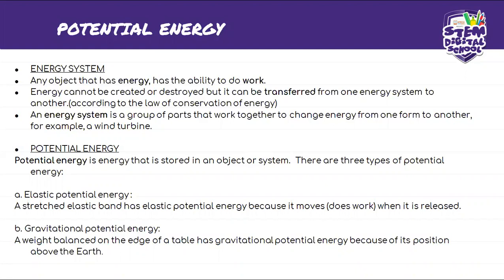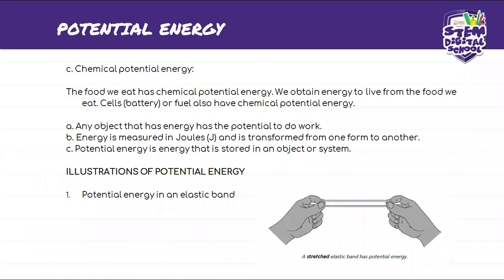So an object has gravitational potential energy if it is above the earth's surface. Let me repeat this again. I have a table and there is a book just by the edge. If I leave the book, it will fall down because of the height. So that is an example of gravitational potential energy.